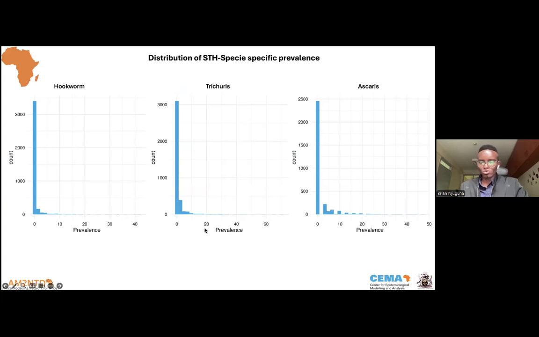So we also investigated the distribution of this school level prevalence. And what we are able to observe is that for Hookworm, the majority of the schools had a very low prevalence, so we have a very highly skewed distribution. But for Trichuris, we see that it's a bit spread, although not significant, but we see at least we have some values above 40.